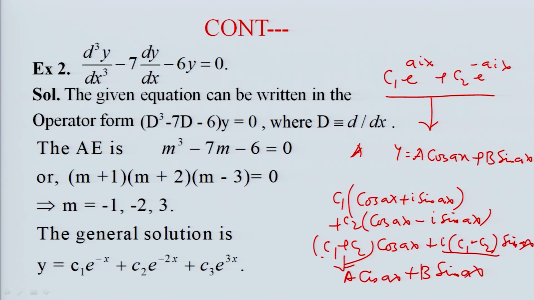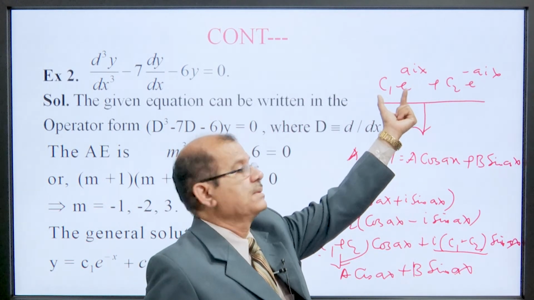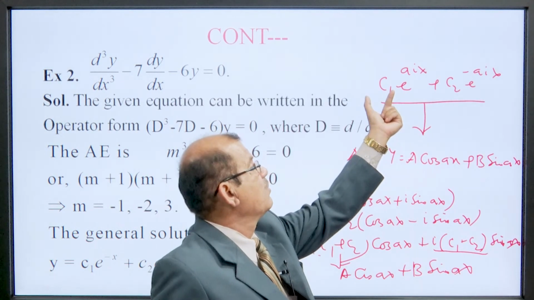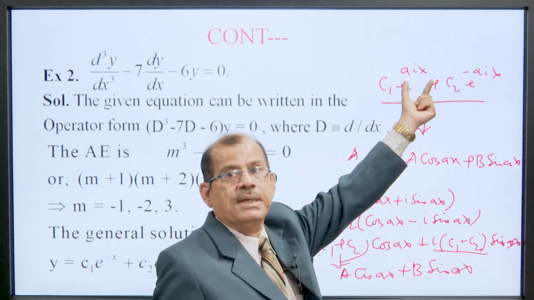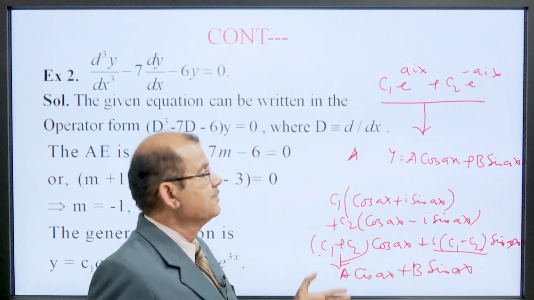The solution is obtained in the usual manner, by converting C1 e raised to the power aix plus C2 e raised to the power minus aix.